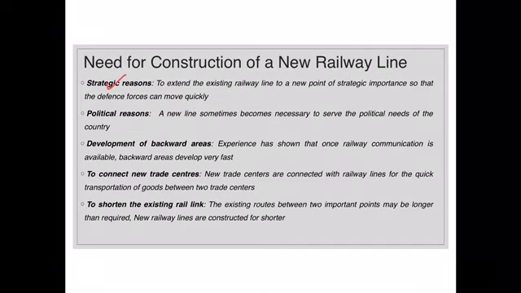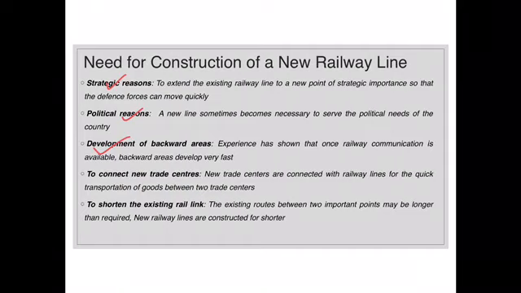The second reason is that railway tracks are considered in view of certain political importance. We also know that providing transportation facilities and the development of any region are closely related, and experience has shown that once a railway network is constructed in a backward area, it develops at a much faster rate.